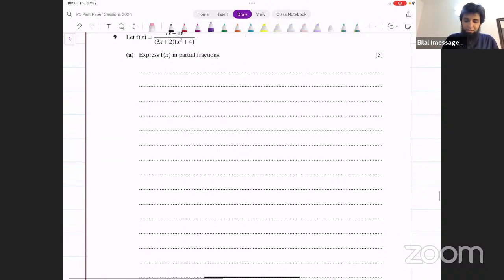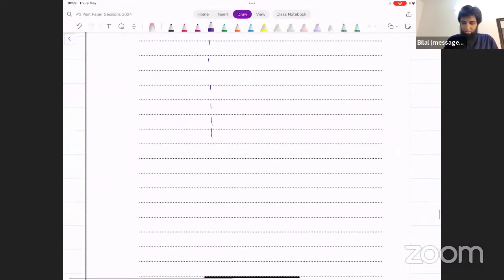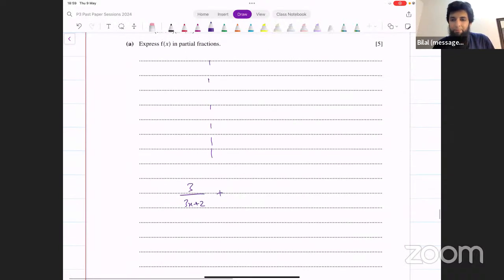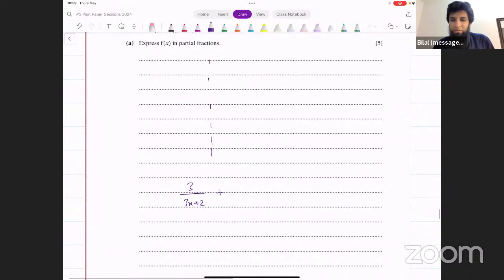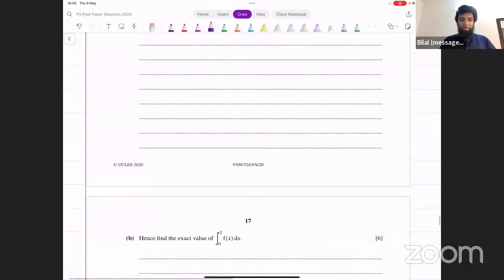Okay, so the partial fractions that you would get here are 3 over 3x plus 2. B is -1, C is 3. Minus x plus 3 over x squared plus 4.